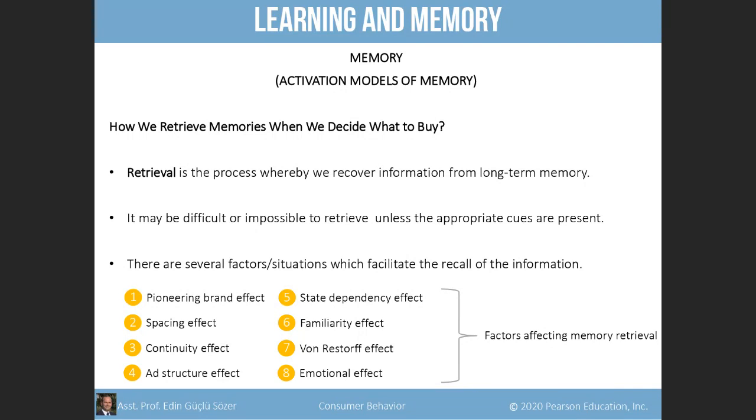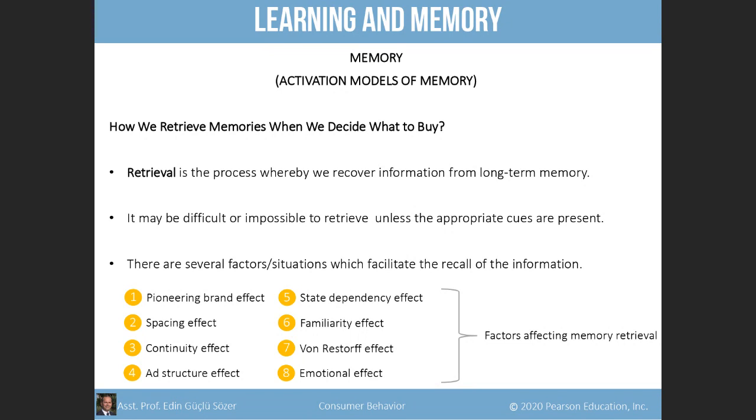So, of course, how easy it is to retrieve this information depends on some factors. There are some factors which affect the remembering of brands or advertisement messages or product information. What are these factors? First of all, we have the pioneering brand in the market.